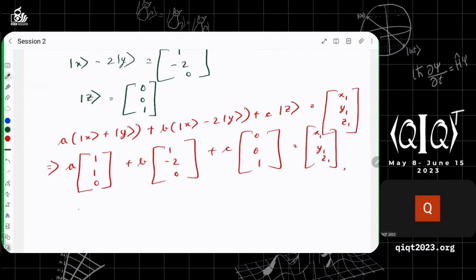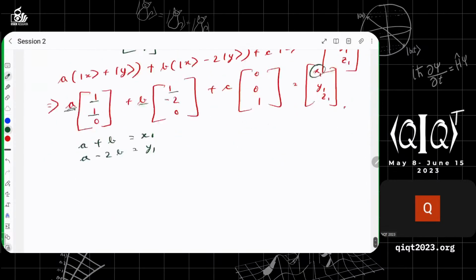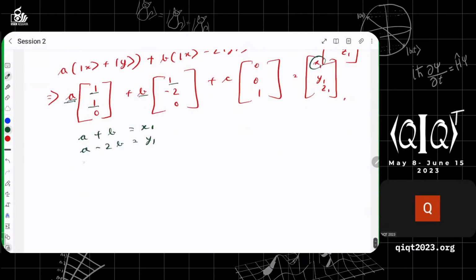And so if we just match the corresponding elements of the matrix, what we will find is that the first element on the left hand side would be just a into 1 plus b into 1. So a plus b, that would be x1 on the right hand side, and here a into 1 plus b into minus 2, so a minus 2b will be y1, and c will of course be just z1, because it is just c into 1, and here everything is 0, and you have z1 on this side.